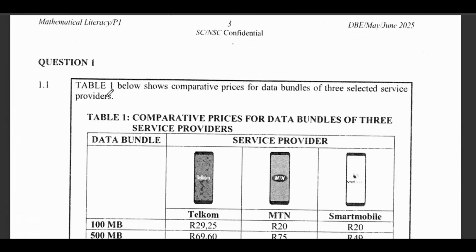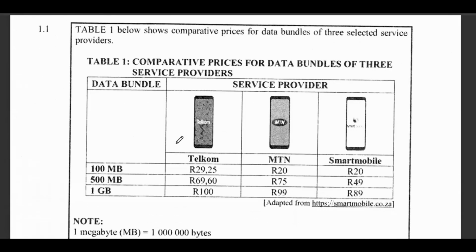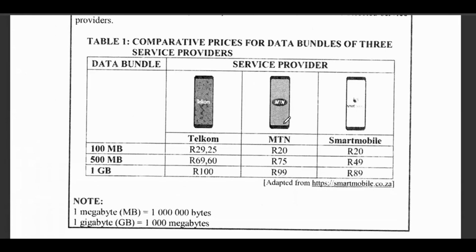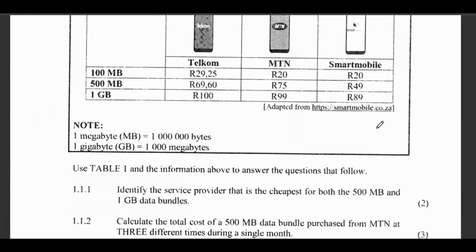Question 1. The table below shows comparative prices for data bundles of 3 selected service providers. Here we have Telecom, MTN, and Smart Mobile, with different amounts for different amounts of data.